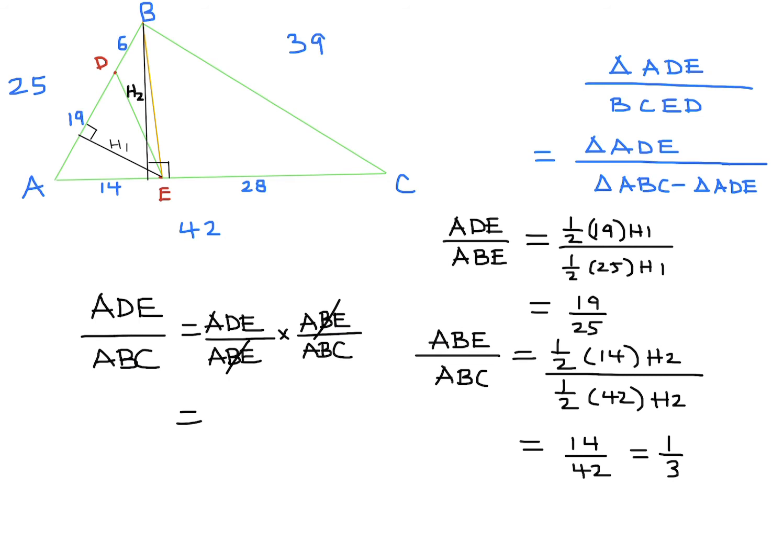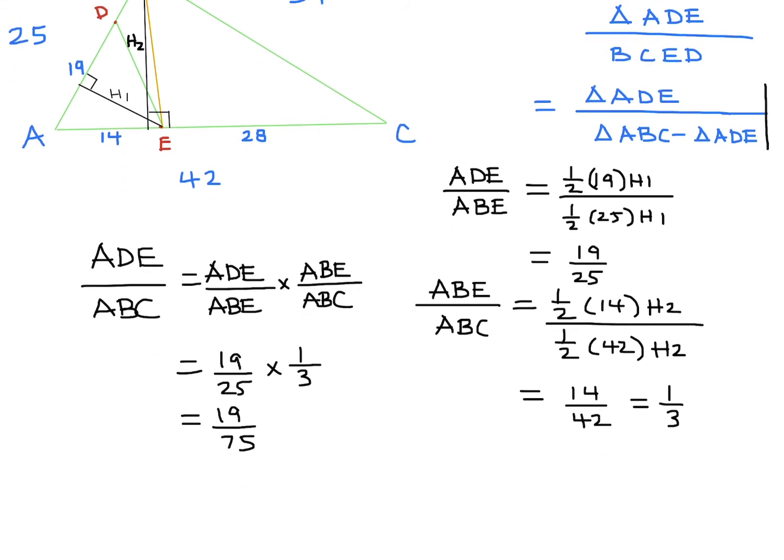Correct? Because these two will cancel. And this guy I already know is right here, 19 over 25. And this value I also know is 1/3. So there you have it. We got 19 over 75.